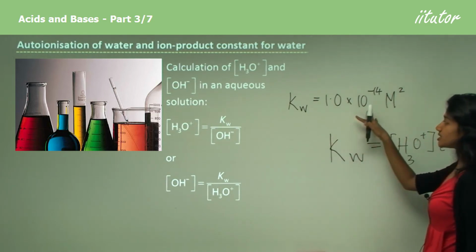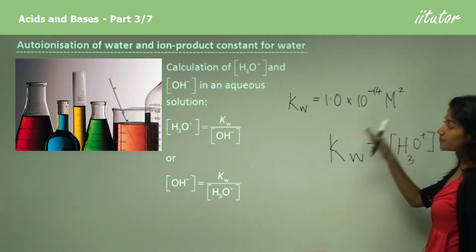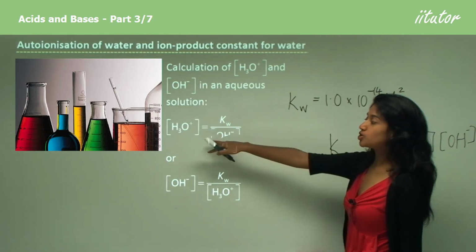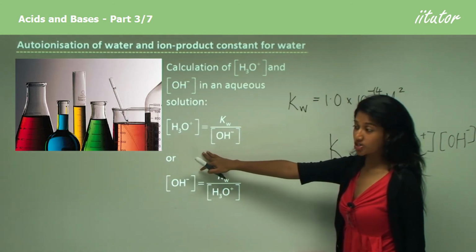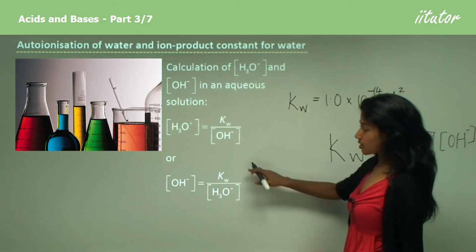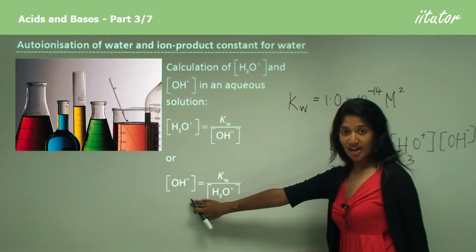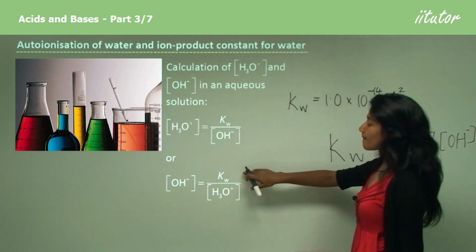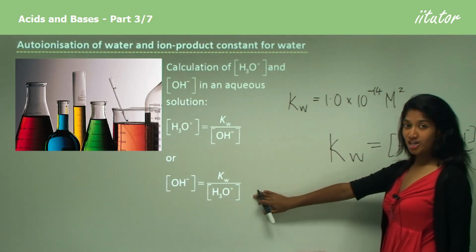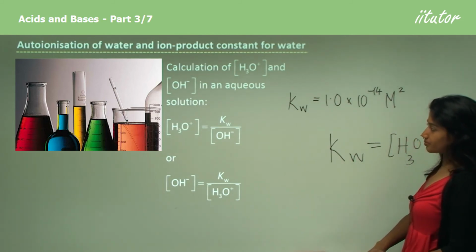And then you would sub in the value of the Kw and the value you are given of the hydroxide ion concentration to work out the hydronium ion concentration. This will become very useful later in the topic. Or we can work out the hydroxide ion concentration by dividing the Kw value over the hydronium ion concentration.